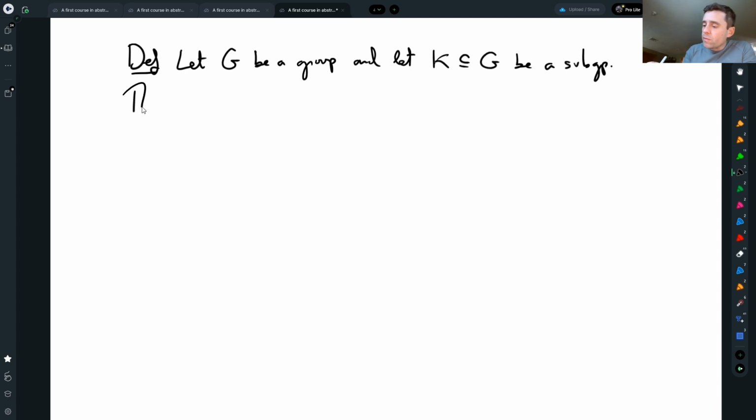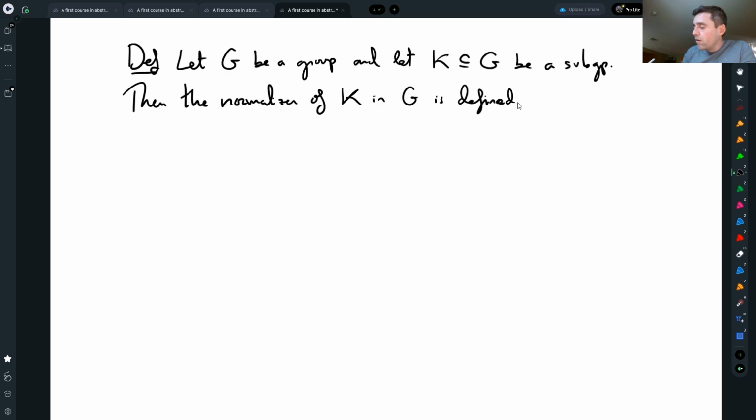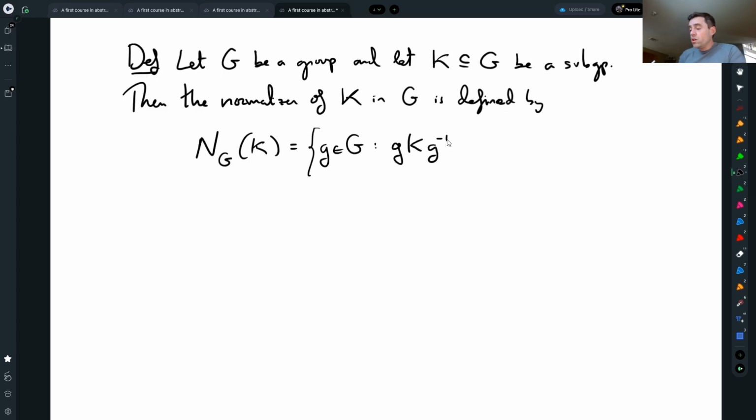Then the normalizer of K in G is defined by, I'm going to write the normalizer in G of K, it is going to be those elements in G such that when I conjugate K by g, I get K back. Okay, so that is a normalizer.